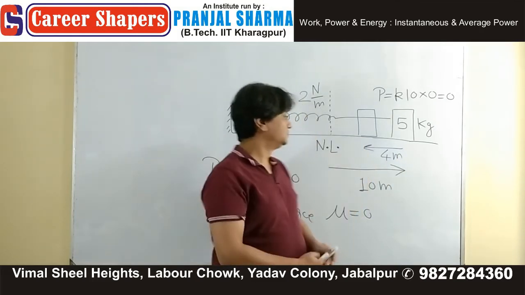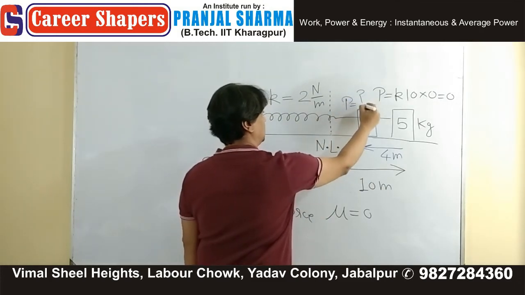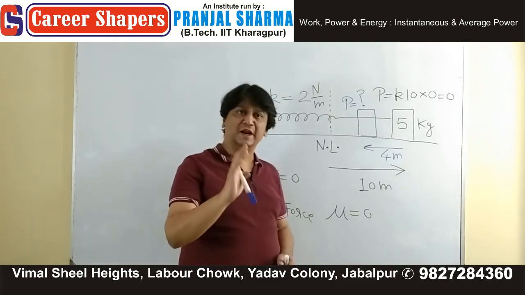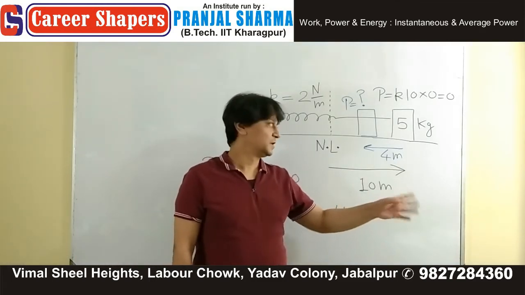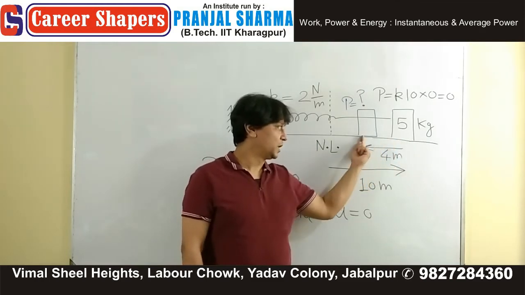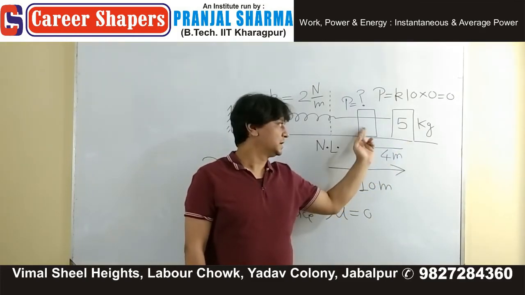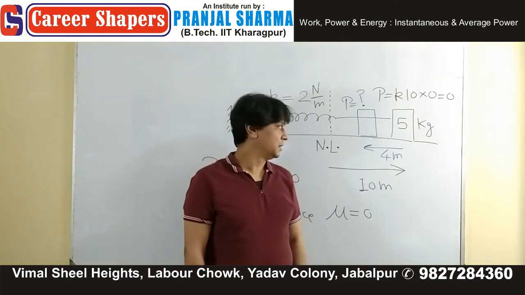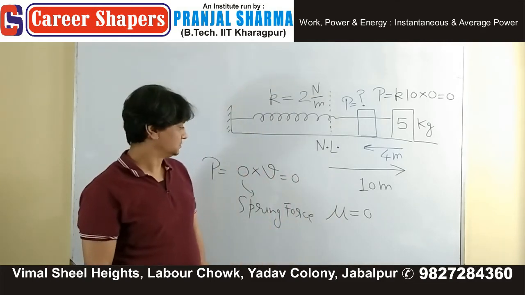Right over here, what is the power? I'll give you 1 minute for this, which means the answer is not 0 this time. And this is also clear: released from here, it started moving. When it has moved 4 meters, at this place how much power is the spring force giving? You've got 1 minute. Let's see if you can answer this.